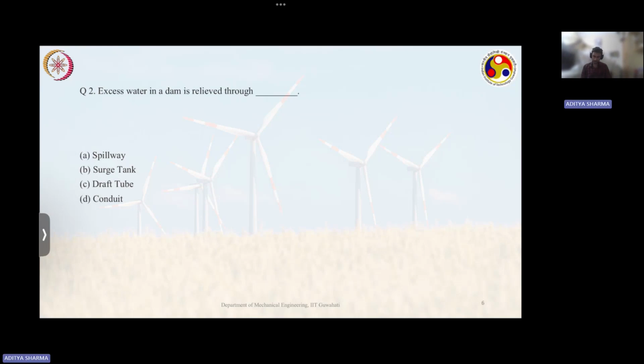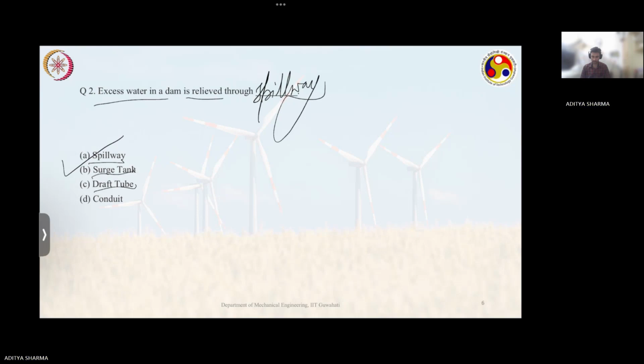The excess water in a dam is relieved through spillway. The element to which it is done is called spillway, right? It's not draft tube, it's not surge tank, it's not air conduit, it's spillway. So option A is correct.